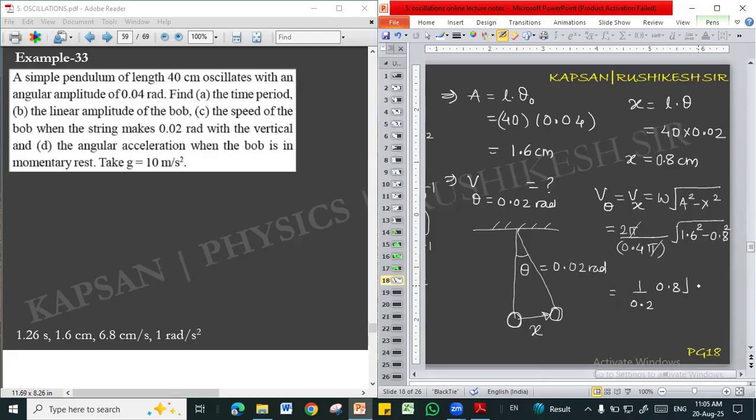Inside the square root we will have 2 square minus 1 square, that will be 3. So this will be 4 into root 3, means 4 into 1.7. So that will be 6.8. Clear?